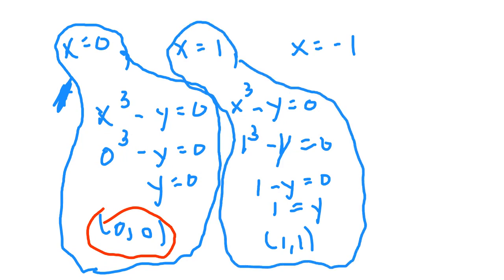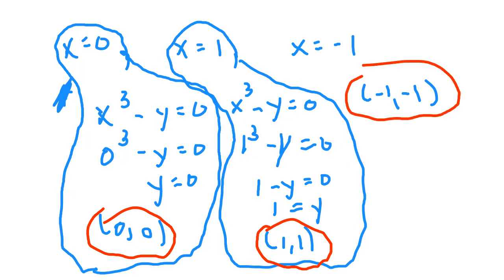For x equals negative 1, I won't go through the steps, but (-1, -1) would be the critical value. So these are your critical values, and they determine where there are maxima or minima on the function.